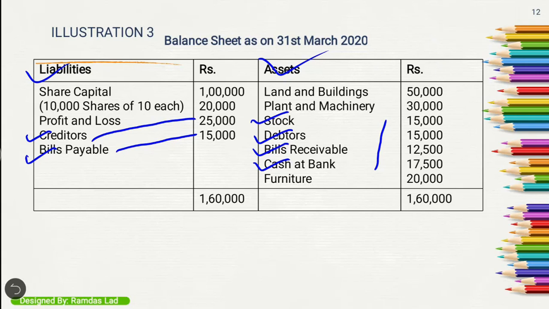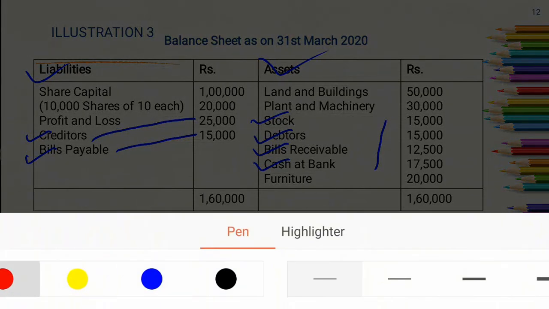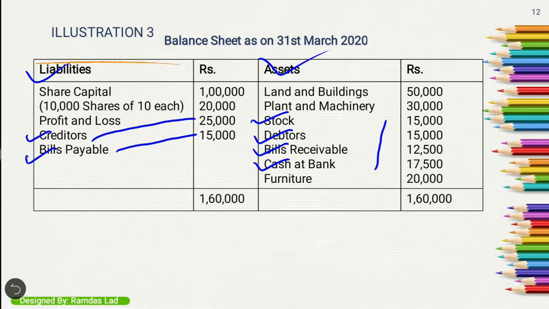Now the liquid ratio, which is also called the quick ratio. For calculation of the quick ratio, quick assets divided by quick liabilities. How to calculate quick assets? Just subtract stock from current assets.